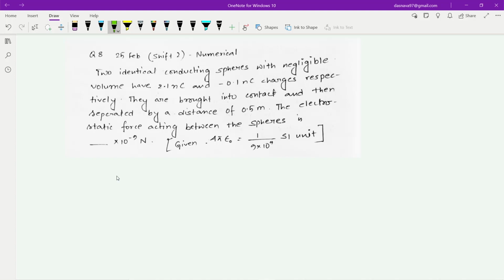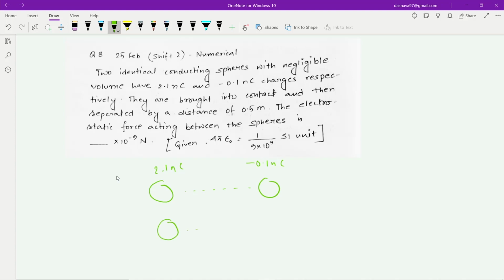Now, the two spheres have different charges, 2.1 nanocoulomb and minus 0.1 nanocoulomb. When they are brought in contact with each other, what will happen? The charges will be equally distributed among themselves.